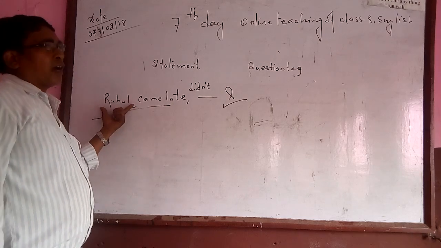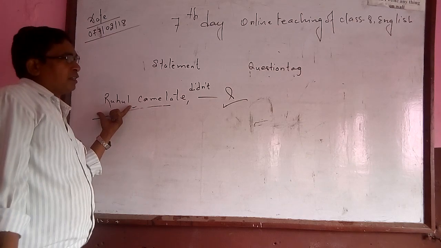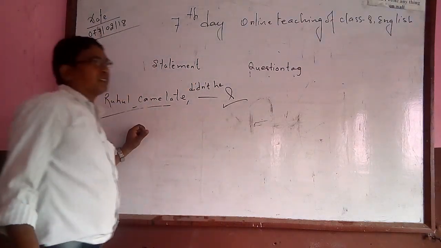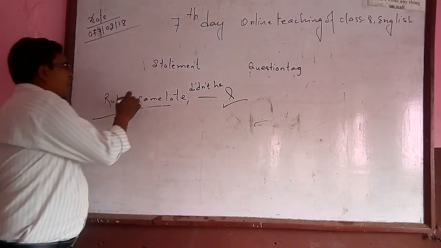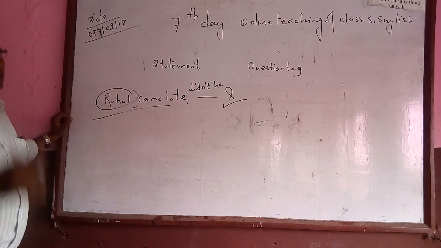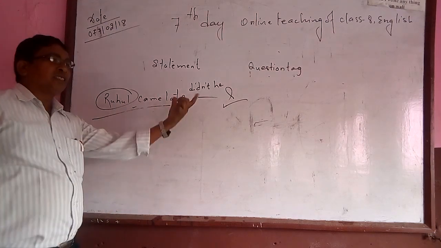And after that, Rahul means male or female? Rahul is generally male. Then what will be the pronoun here? He. But sometimes, with a name, if you are clear it is male, then you write he. With a name, if you are clear it is female, then you write she.